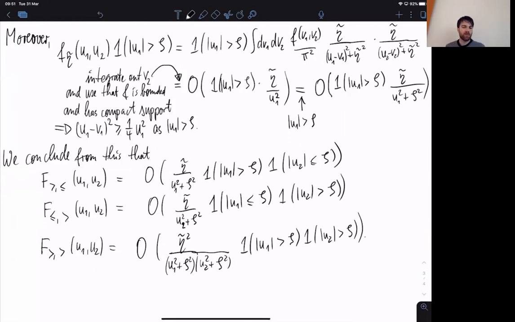Okay, so I have these three estimates, and then I define these e's.